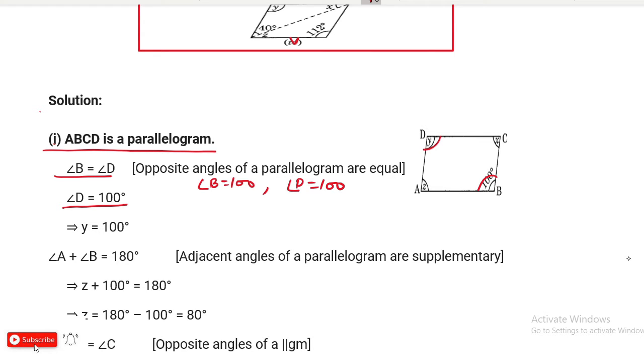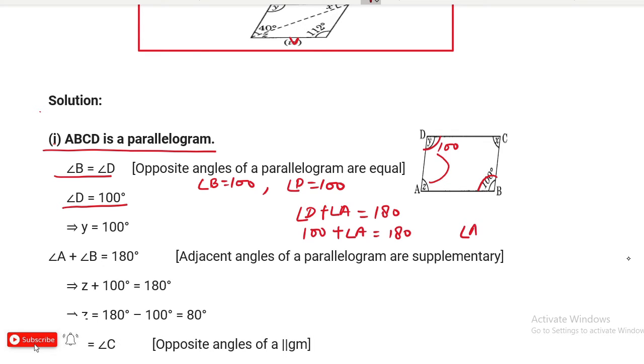If this one is 100, then using the adjacent angle property of the parallelogram, angle D plus angle A will be equal to 180. We have the value of angle D, so 100 plus angle A is equal to 180.